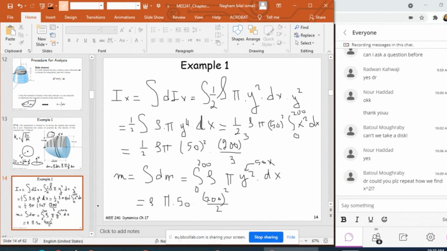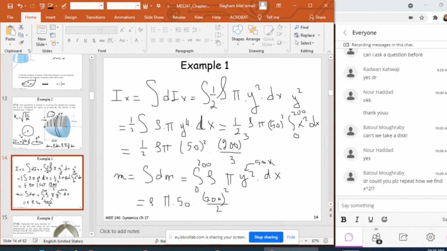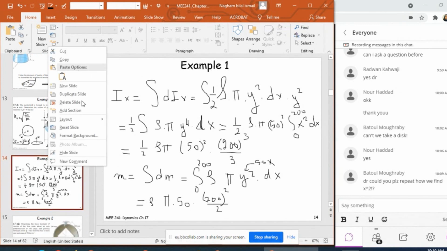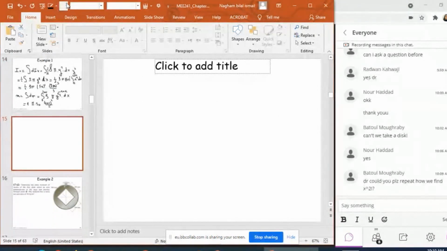Now, guys, the final step is to find kx. So let's find kx squared. kx squared is equal to Ix over m.